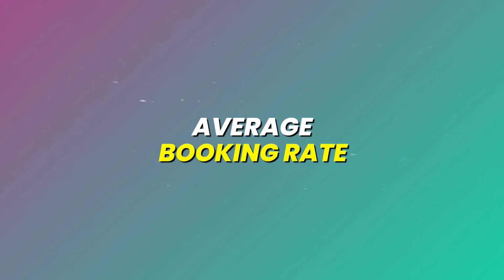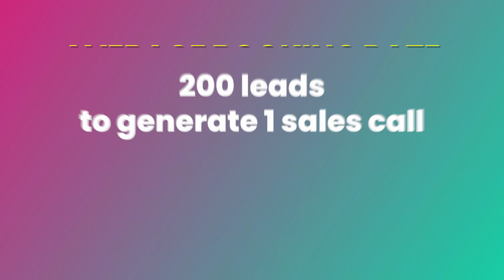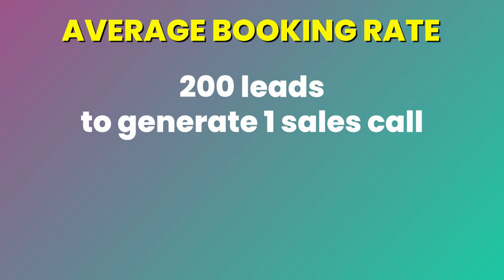The really important metric to know and understand for your business is your average booking rate. To calculate that, you divide 1 by the number of leads it takes to generate a sales call. Let's say it takes you 200 leads to generate a sales call.